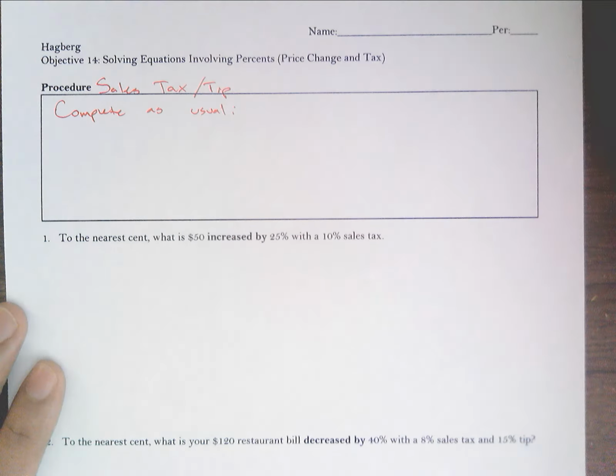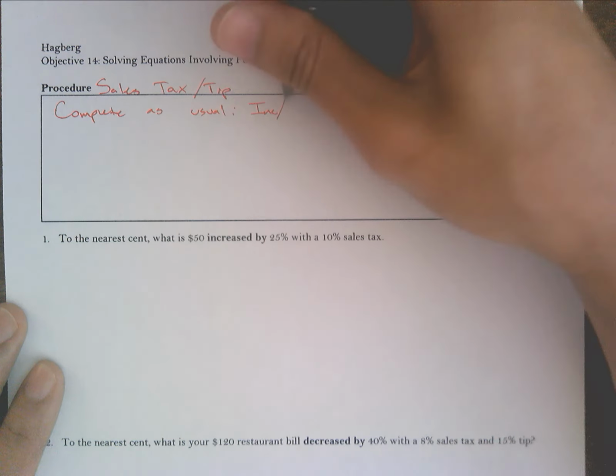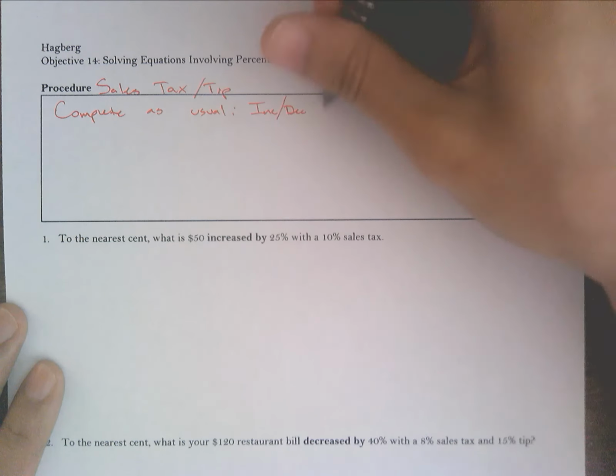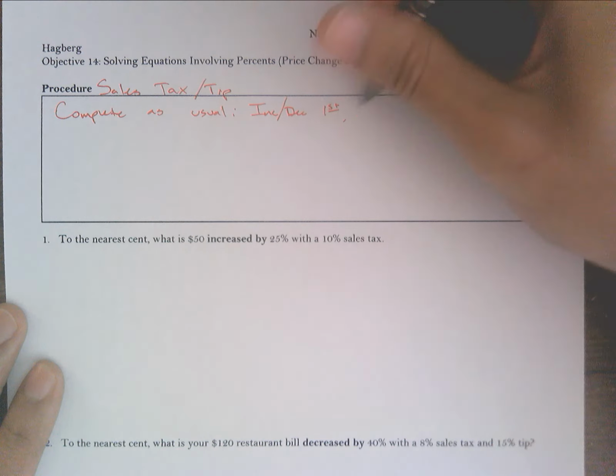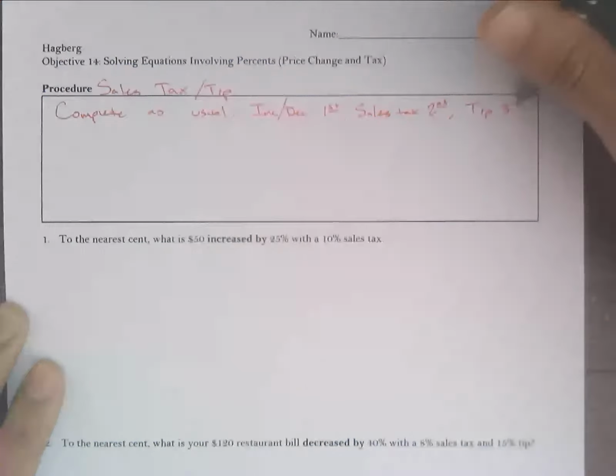So the procedure here, again, we're going to complete as usual. The order that we're going to complete these is our increase or decrease first. As we've learned in the past, we do that first, then sales tax comes second, and then the tip is always third. So always follow this order.